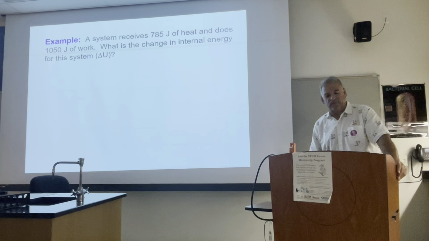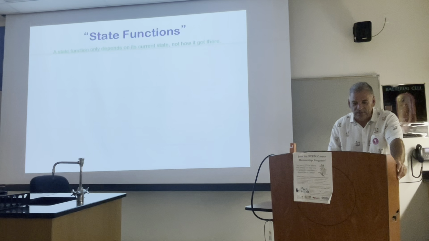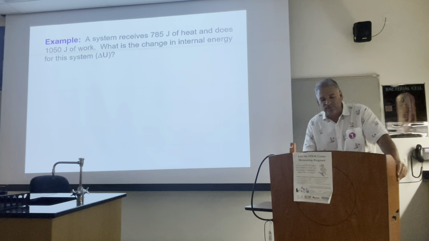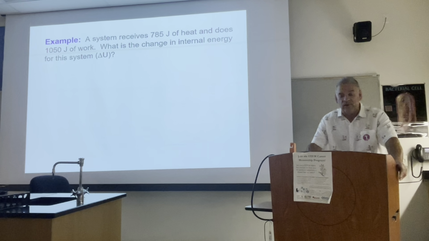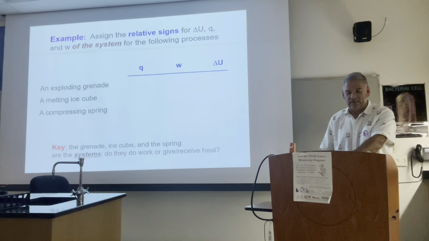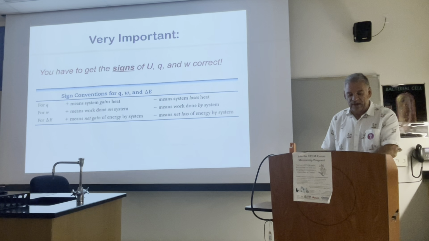So let's look at a system. A system receives 785 joules of heat and does 1,050 joules of work. What is the change in internal energy for the system? The system receives heat, gains heat, so that's a positive number.